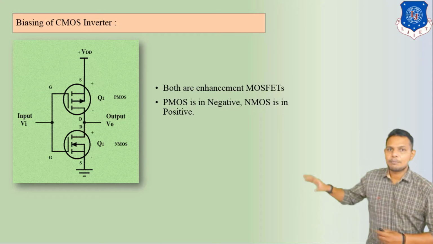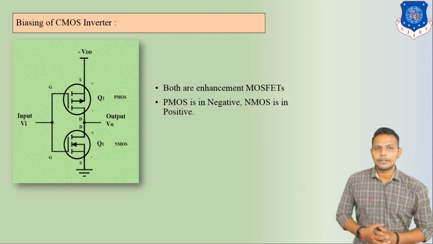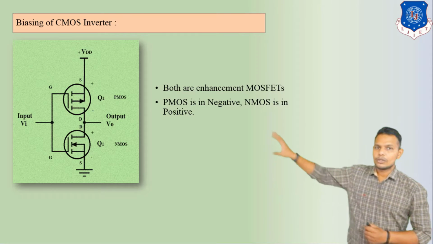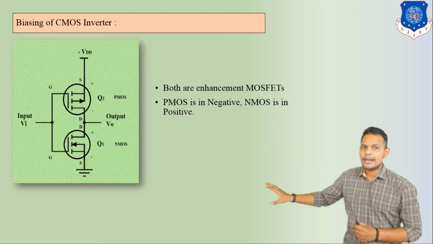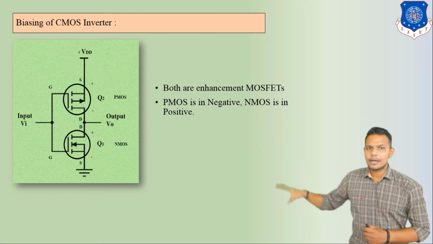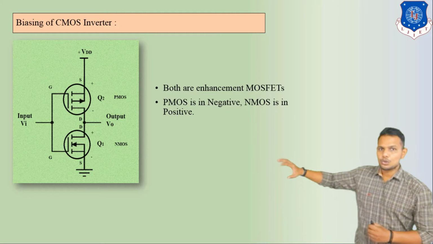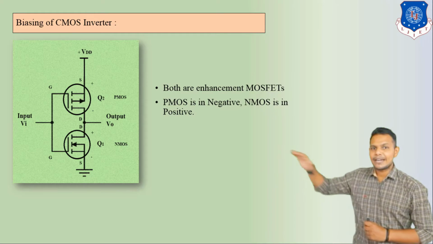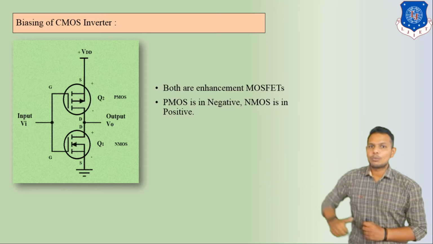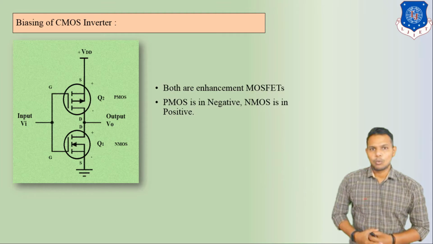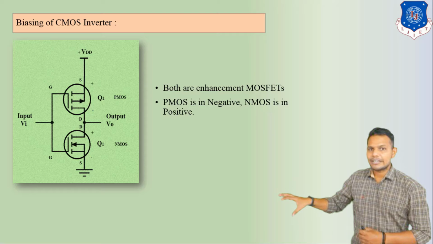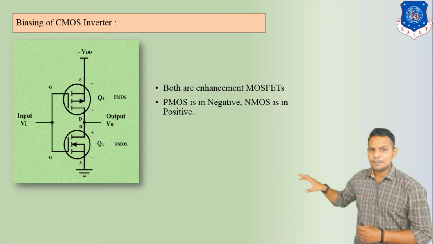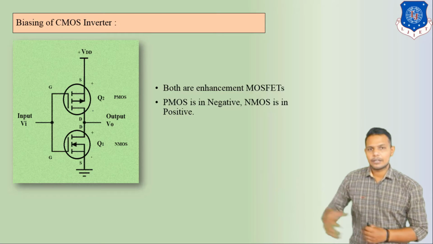Here this is the biasing of the CMOS inverter. Both are enhancement MOSFETs, so we can write PMOS and NMOS, Q1 and Q2. Q2's positive is connected with plus VDD and its minus is connected with the output, VO. Q1's positive is connected with VO, the output, and its minus is connected to ground.